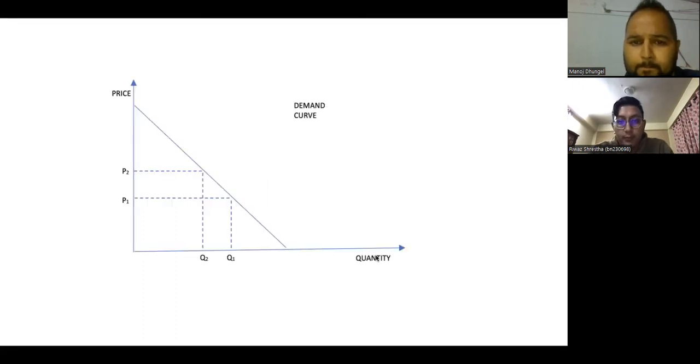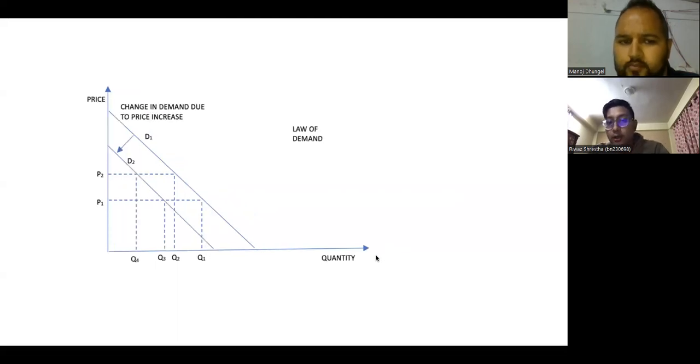Moving on to the demand curve, the law of demand states that a change in price is inversely related to quantity demanded. So when P1 is at Q1, P2 will be at Q2, where Q1 is greater than Q2. According to the law of demand, when there is a price increase, there will be a deficit in quantity demanded.